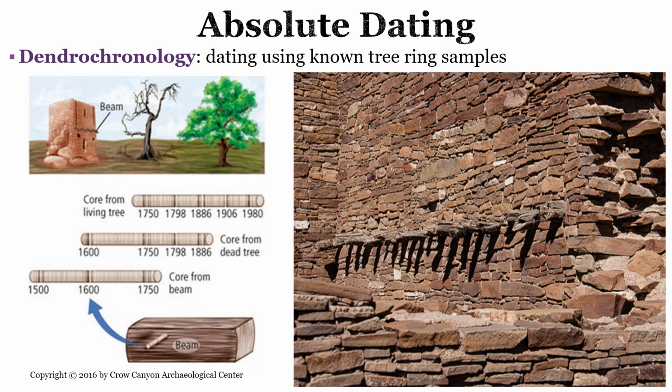So we drill a core. You basically drill a little tube-like piece out of the beam, and then we take that tube of wood and we compare it to known information. And if we've got access to other trees nearby, a dead tree and a living tree near the site, we'll likely core those too and see if they line up.